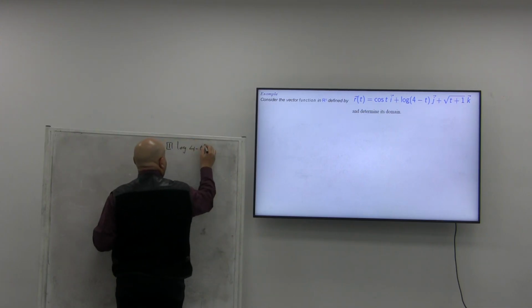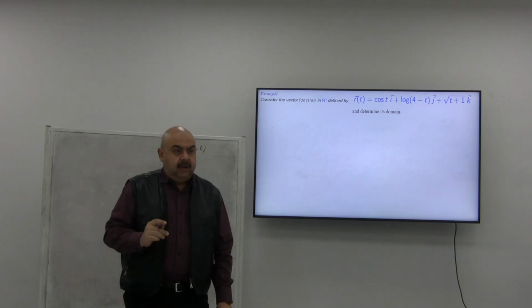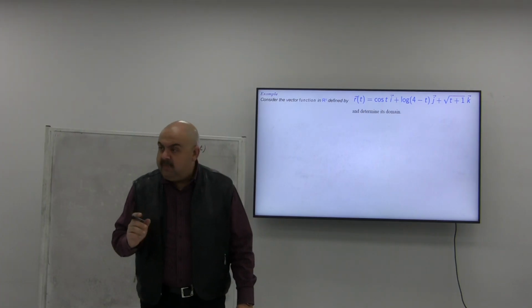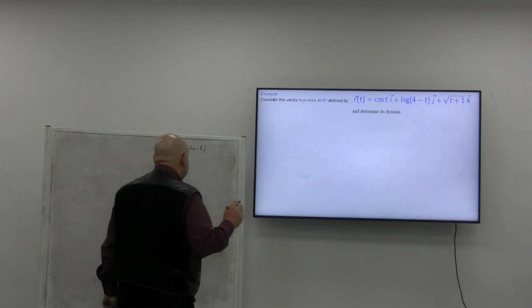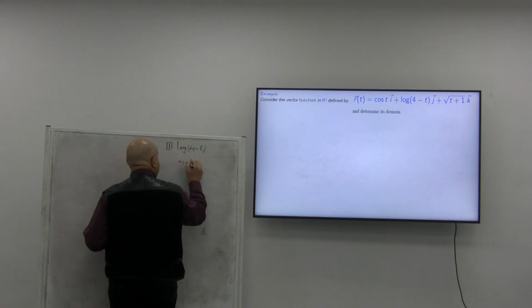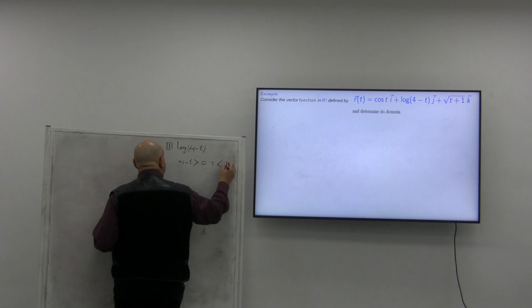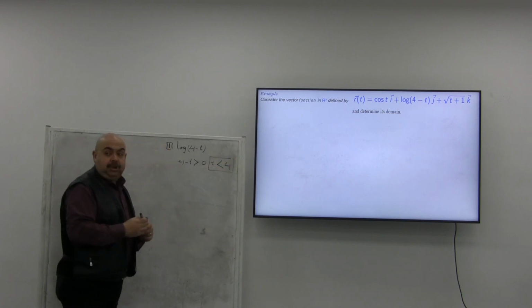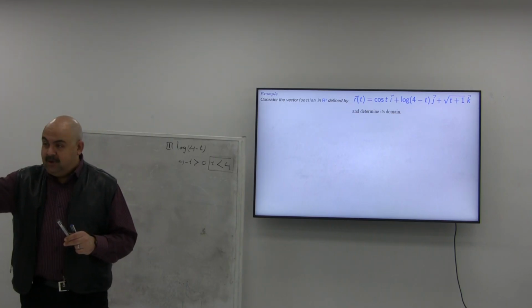What's the condition? 4 minus t must be greater than 0, which leads to t must be less than 4. That's the first condition, which is actually a condition for the second component to be working.